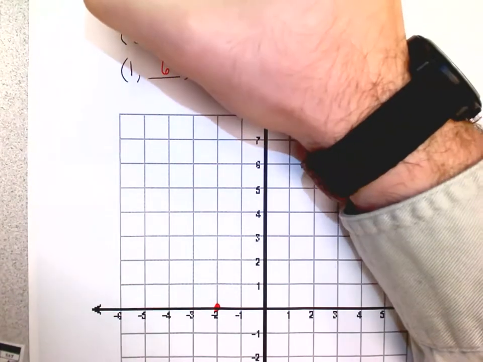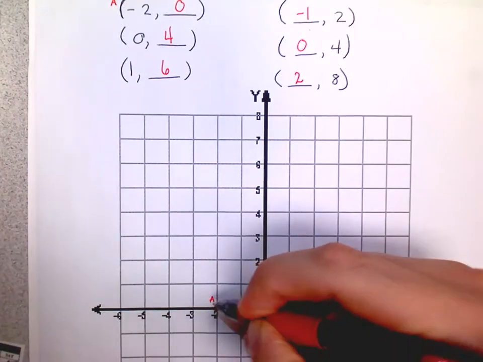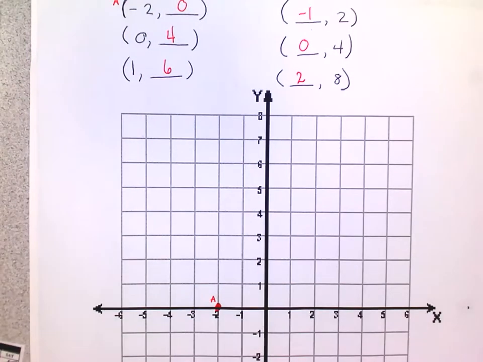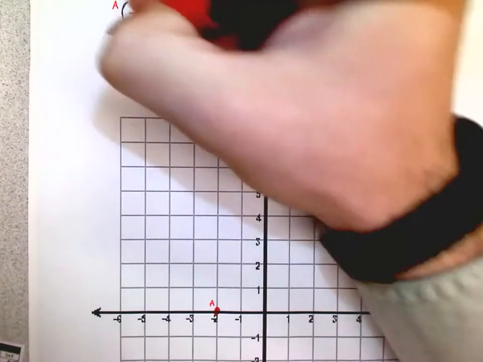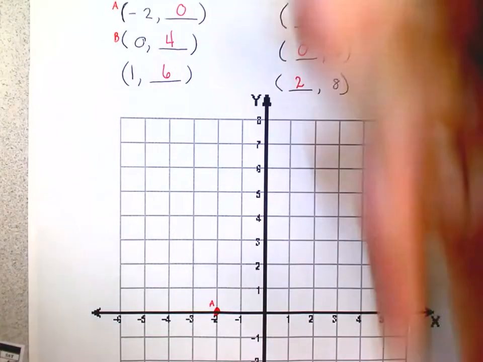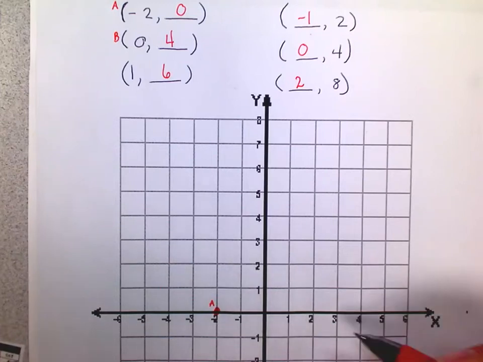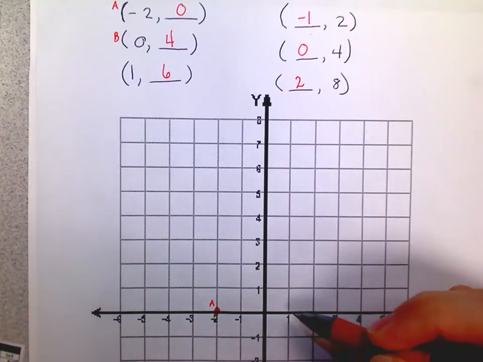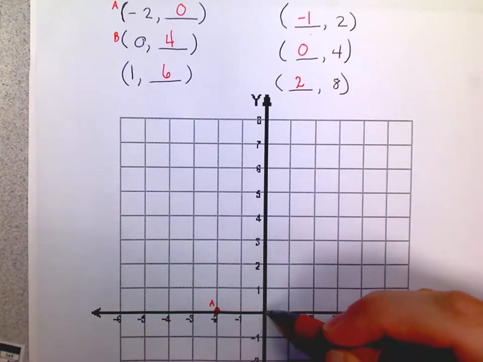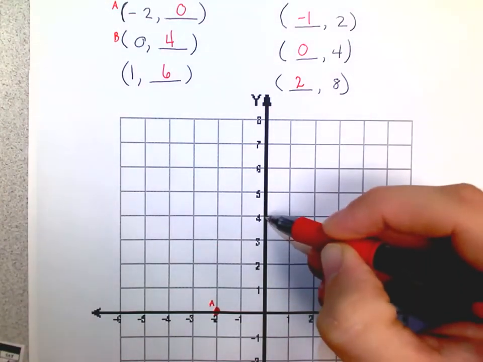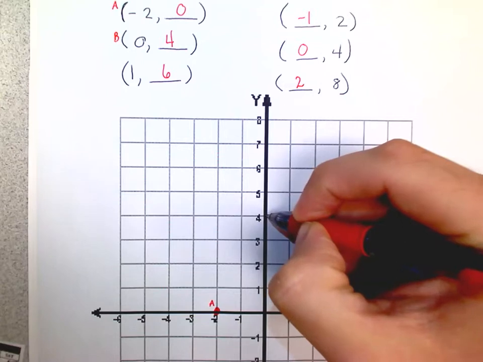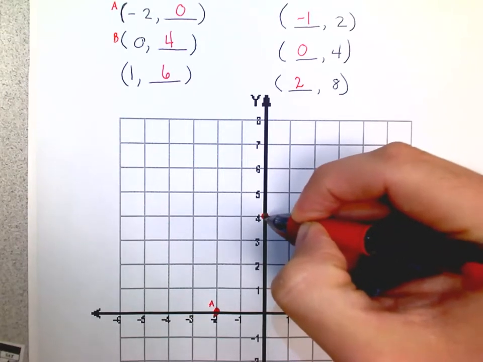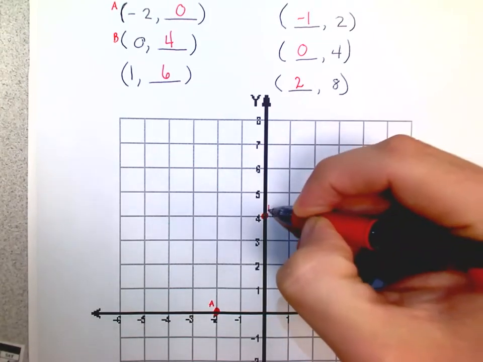I'm going to label it point A. Okay, next, point B is 0, 4. We don't want to go anywhere from the origin left or right because it is already at 0, so we have to move up 4 places on the vertical axis or the y-axis to positive 4, and that's going to be point B.